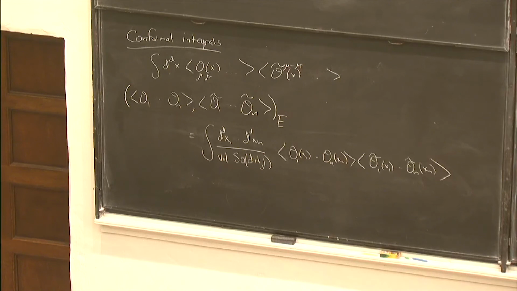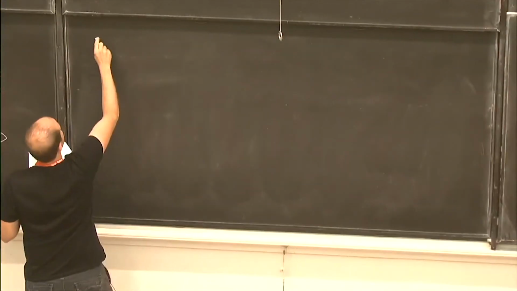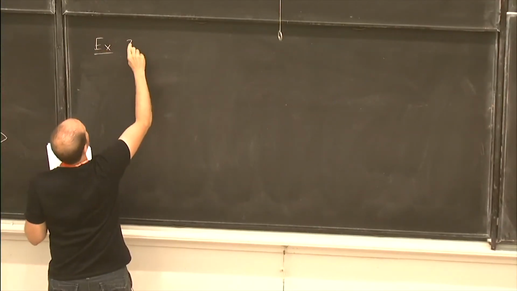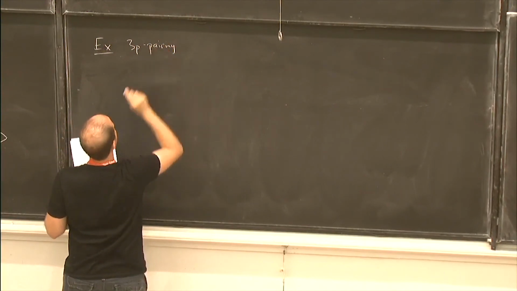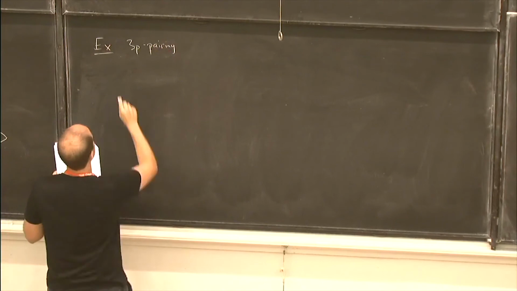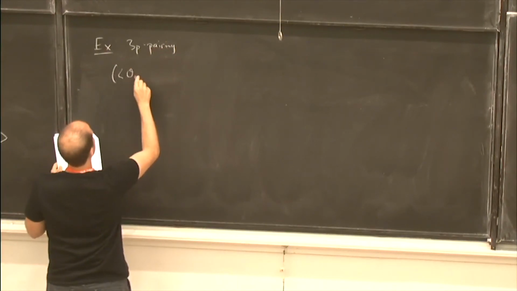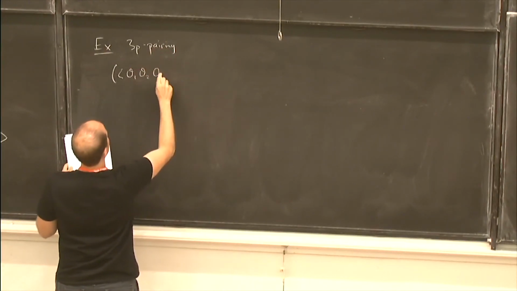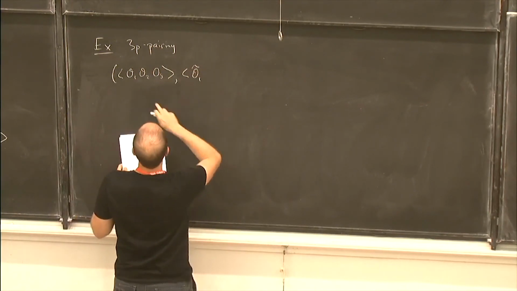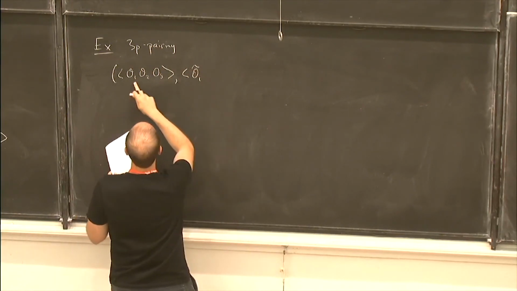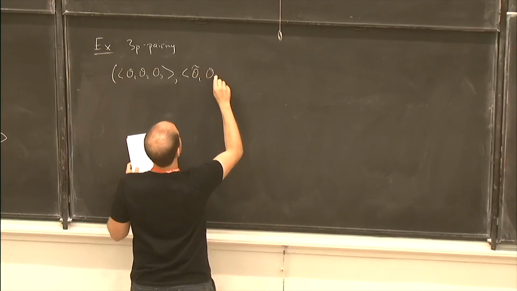All right, so as an example, let's look at a three-point pairing. So we're going to study a pairing of two three-point structures, one with representations 1, 2, and 3, and another with the shadow representations.